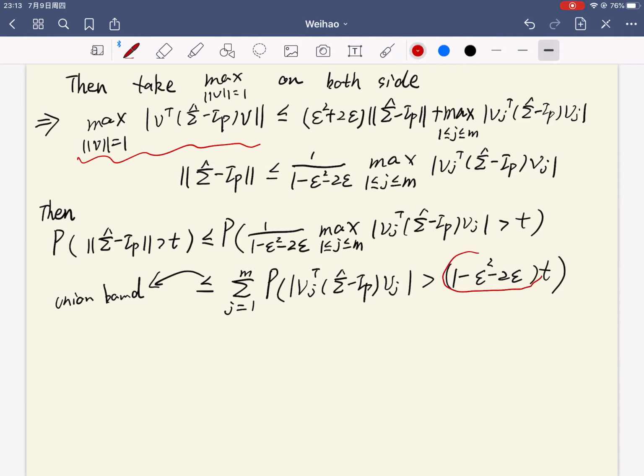For this term, we can pick the specific value of epsilon, then it can be a constant, which is bounded away from 0. Let's go back to the original definition of sigma hat minus the identity matrix.